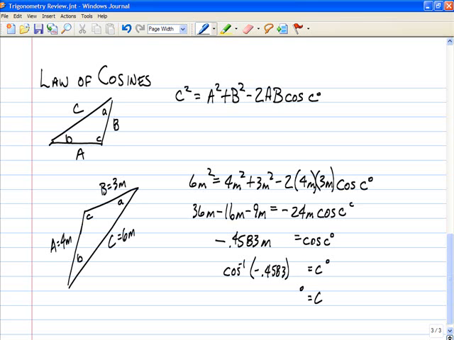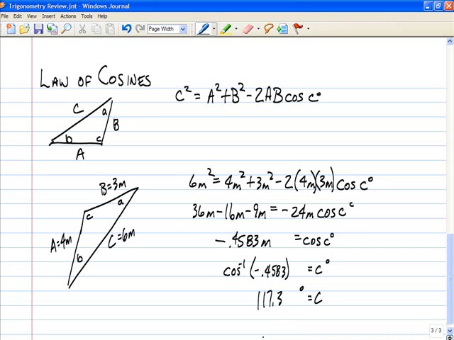Well, let's see, we'll change that to a negative 0.4583. Arc cosine of negative 0.4583. And that's going to show up to be 117.3 degrees. Be careful there.